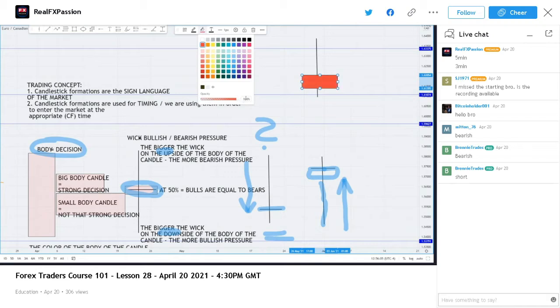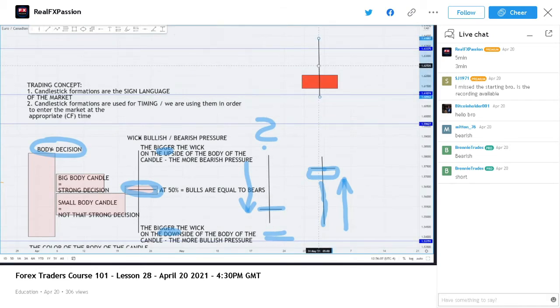Would this be a bullish candle or a bearish candle? Is this red candle bullish or bearish? What do you think? Don't be shy, there is no right or wrong. You can say it's bearish. You can say I think it's bullish. You can say I have no clue. You can say I still don't understand.